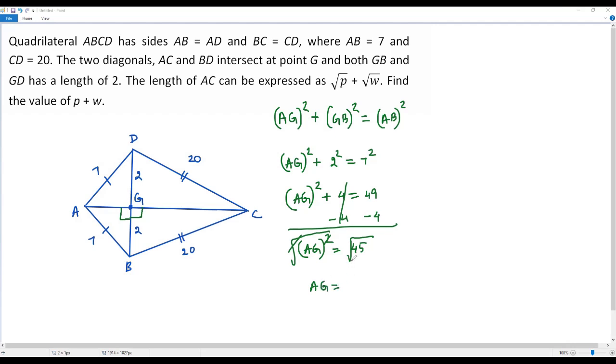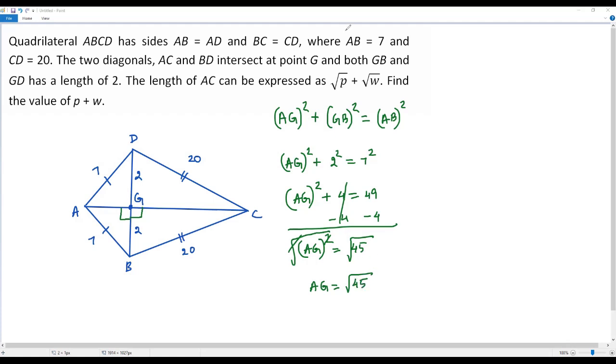Usually, when we take the square root on both sides of an equation, we consider a positive or negative sign for the other square root. But on the left side, we have AG, which represents the length of one of the legs of a triangle. It cannot be negative, so we consider only the positive sign. And 45 is not a perfect square, so we can keep the square root of 45 as it is.